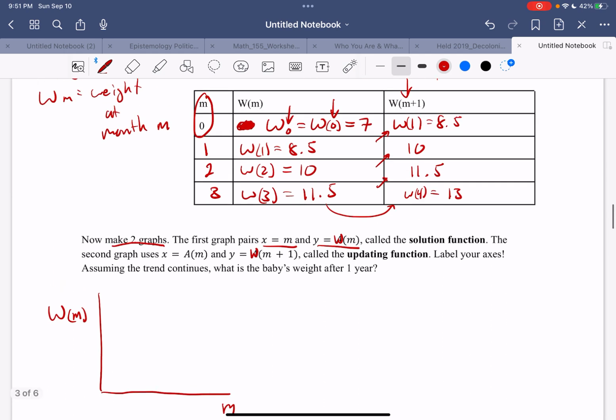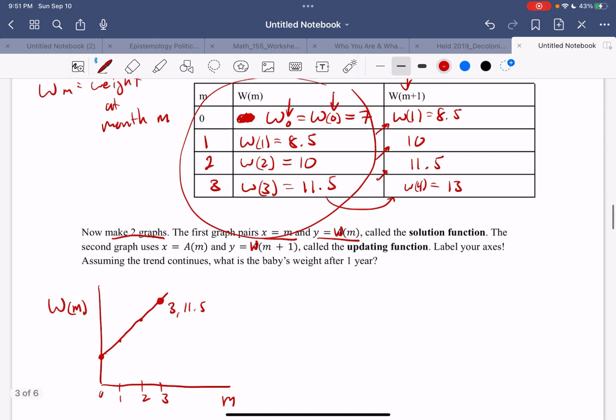All right. So that means I'm looking at these first 2 columns, and I'm plotting these values here. So I have 0, 7, and then at 1, I have 8.5, and at 2, I have 10. And in fact, it's all going to lie on this line here. And at 3, this is 3, 11.5.